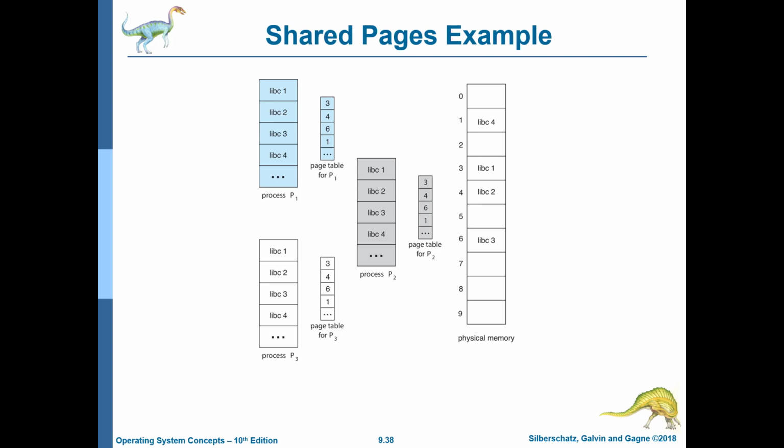The page table simply maps them to the same set of physical frames, which are 3, 4, 6 and 1, and essentially their page tables point to the same entry. And so this helps us save memory. The reason it helps us save memory is because we are not creating multiple copies of it, but the same copy in physical memory is simply being mapped to different virtual address spaces.